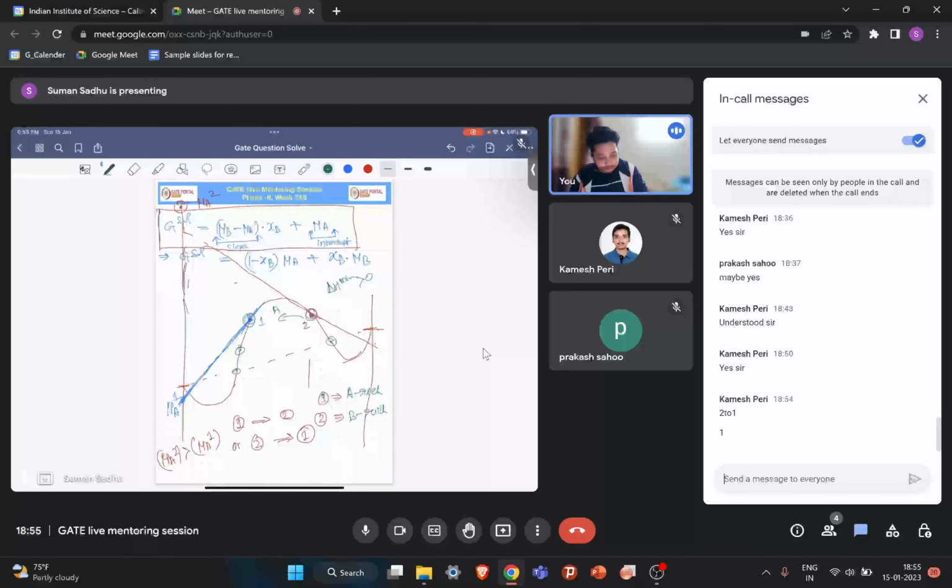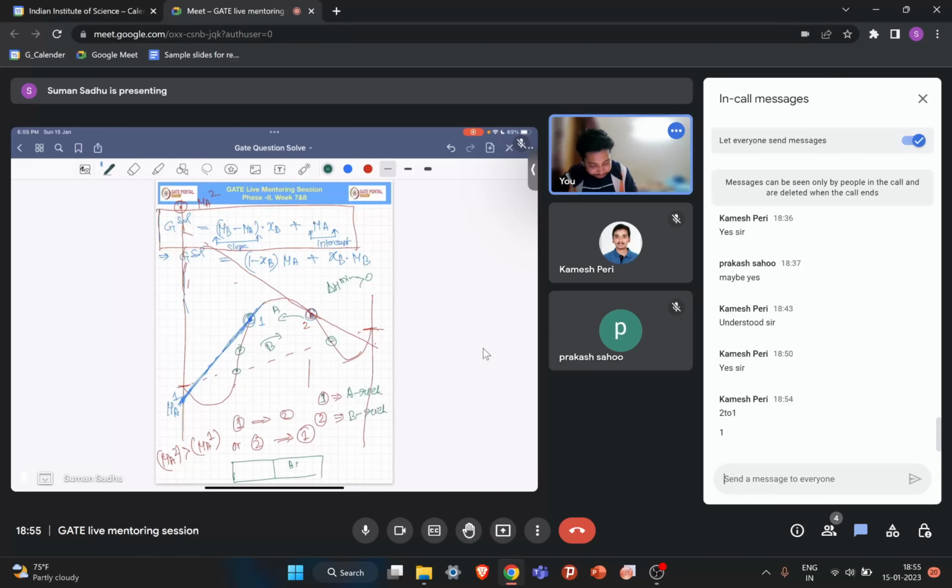A will move in this direction and B will move in this direction. So this is called uphill diffusion, like up the concentration gradient, A moving from the B rich side to the A rich side.